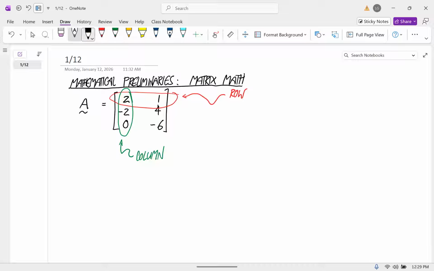And overall, for the size of a matrix, you give the number of rows and then the number of columns. So the size of this is called 3 by 2, because we have 3 rows and 2 columns.